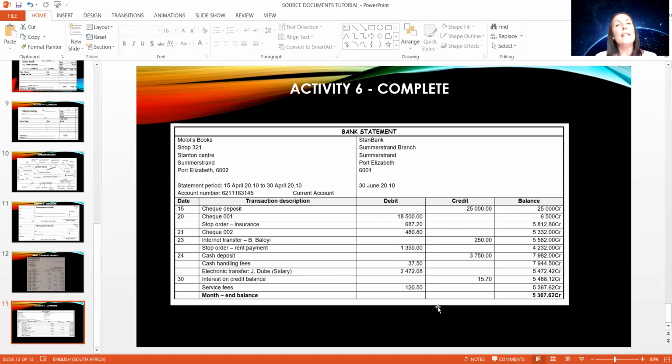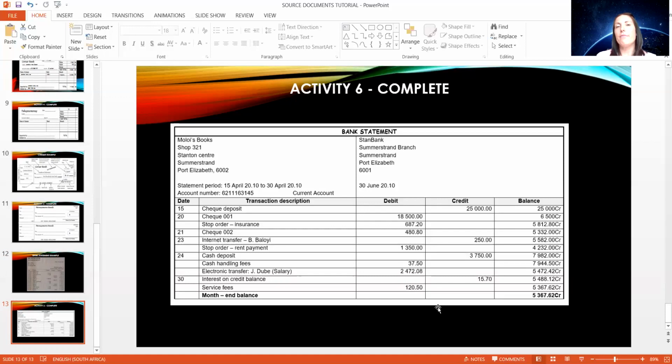Then we looked at checks. We said very ancient, but it's still accepted as legal tender, and therefore we learned how to complete the check, and we spoke about the various features that you have to look at to make sure that this check is actually true and correct, and what measures you can put into place in order to keep a check safe.